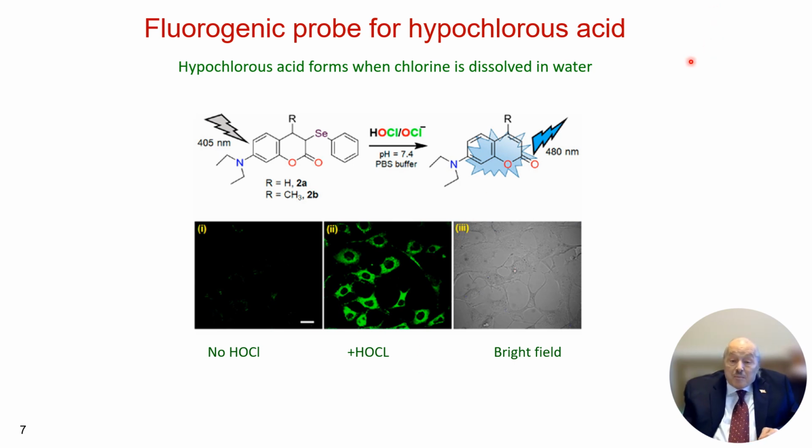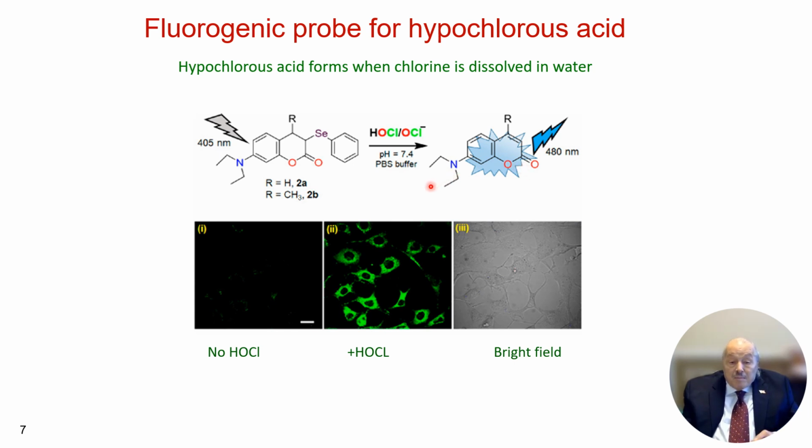Here's a nice example of one that was done with cells. I presume they were living, but if you dissolve chlorine in water, you form some hypochlorous acid, and that can react with this particular probe and turn it from a dark state to a fluorescent state.